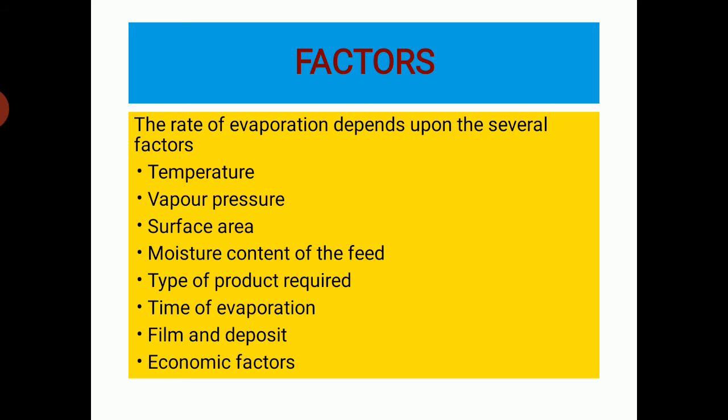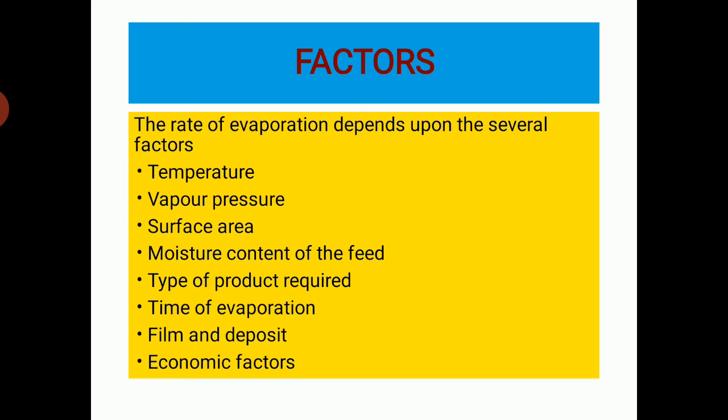If the outer atmosphere is dry, the vapor content will be low, and hence the evaporation is greater. If the vapor of the liquid is removed as soon as it is formed, the space above the liquid does not become saturated with the vapor. Hence, evaporation proceeds faster.